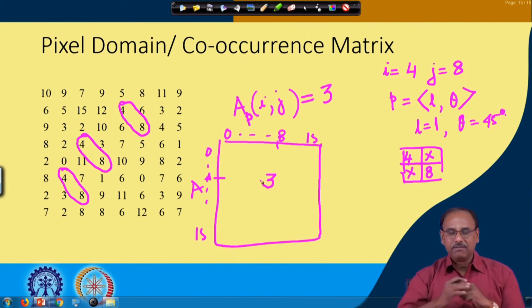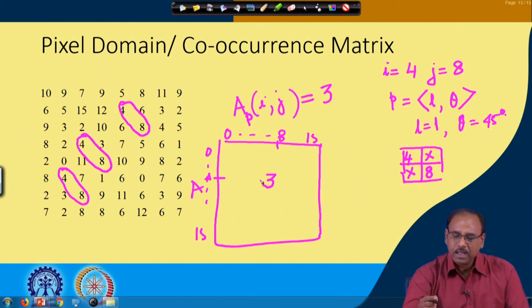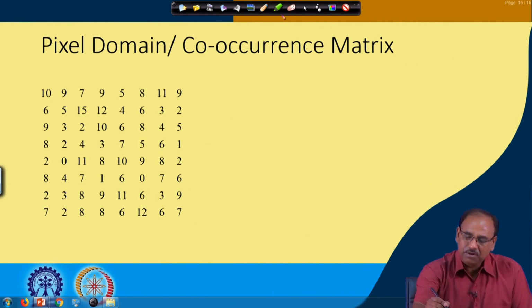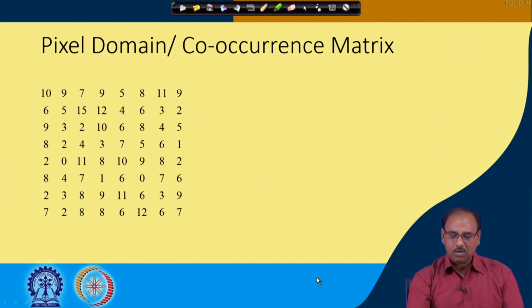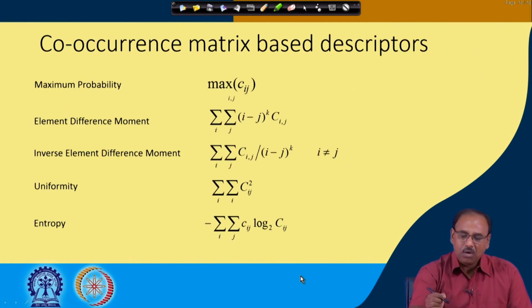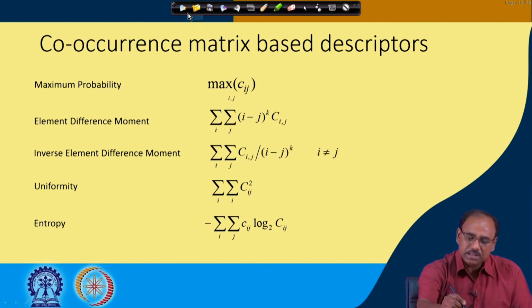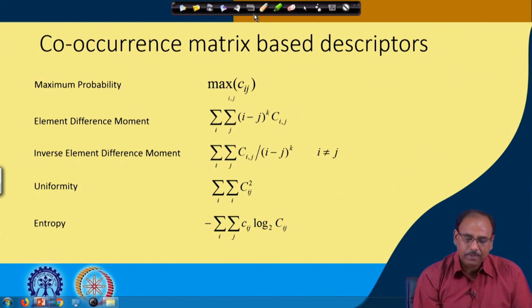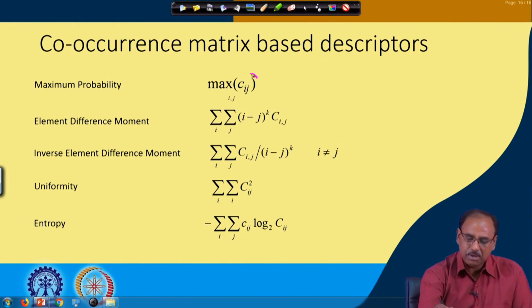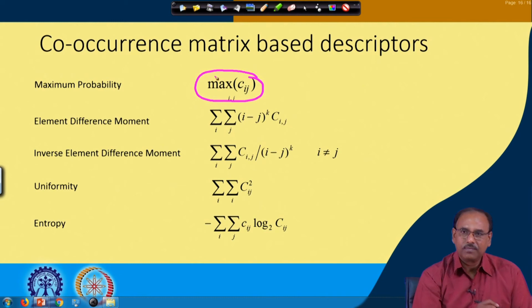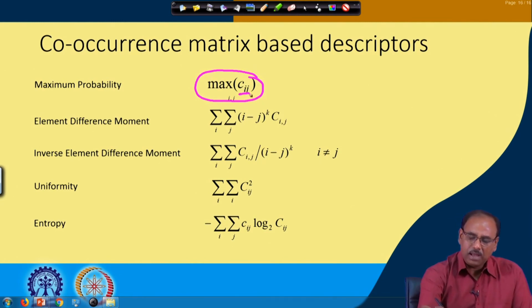Once I have this probability distribution, I can compute different types of features from such a matrix. One of the features is the maximally occurring pair of intensity values, that is, the maximum probability. So, this C i j represents the normalized matrix A i j.